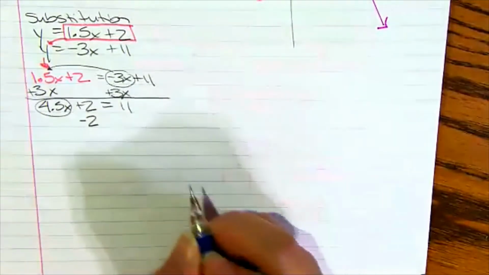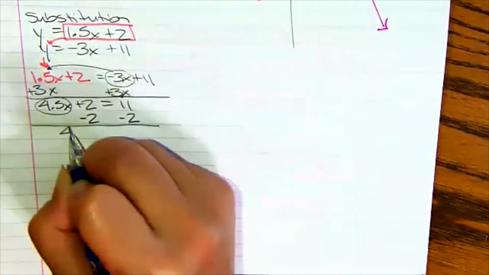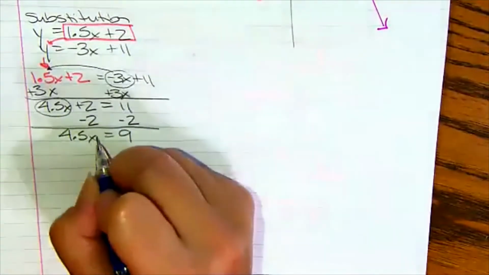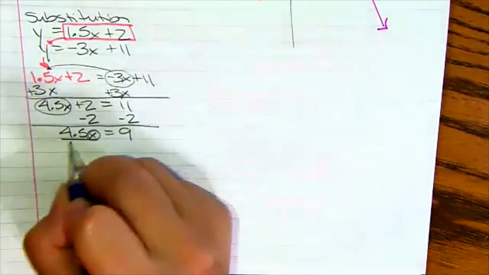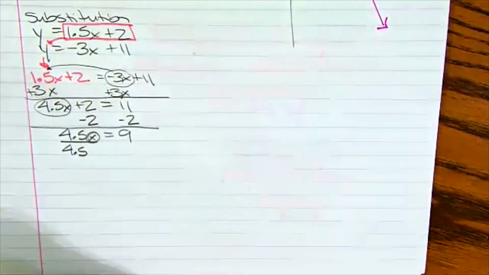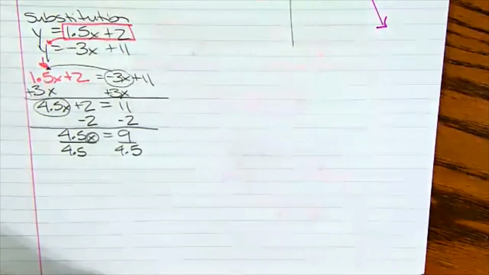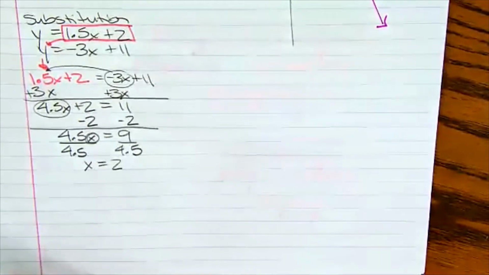So I'm going to subtract 2. What I do to one side, I must do to the other. 4 5/10 x equals 9. I still want to isolate this variable, so I'm going to divide by 4 5/10. What I do to one side, I must do to the other. x equals 2. Very nice.